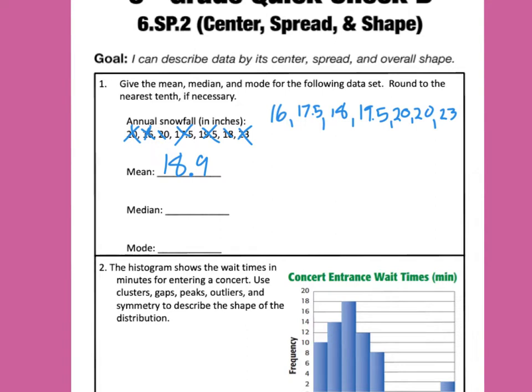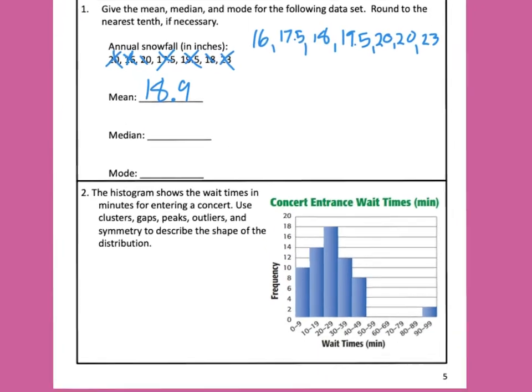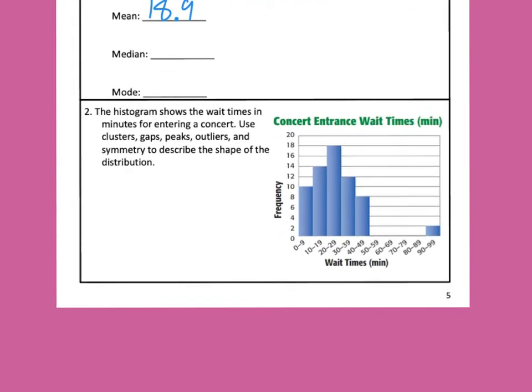So let's move on to the second question. This is a histogram, and it shows the wait times in minutes for entering a concert. Use clusters, gaps, peaks, and outliers, and symmetry to describe the shape of the distribution. Okay, so let's just do it in order here. Cluster.